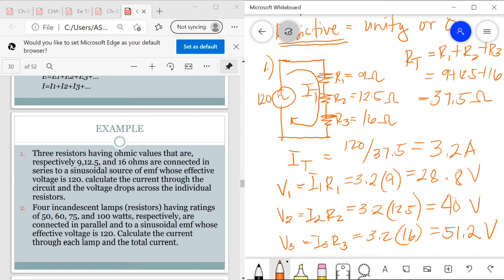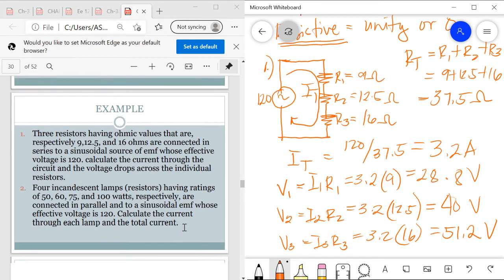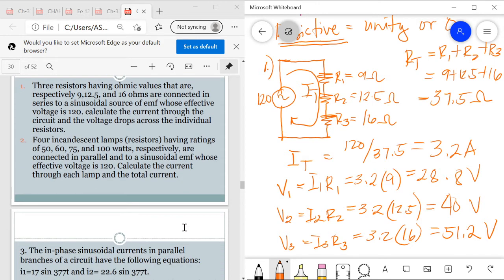Okay? So, number 2, 4 incandescent lamps, resistors, having ratings of 50, 60, 75 and 100 watts respectively are connected in parallel to a sinusoidal EMF whose effective voltage is 120 volts.